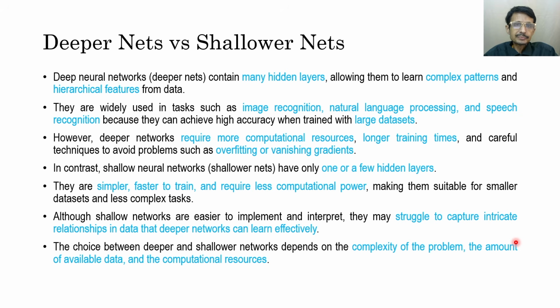But at the same time, since deeper nets are bigger networks, they require more computational resources like GPUs, longer training times, and some careful design techniques to get rid of overfitting or vanishing gradient issues.